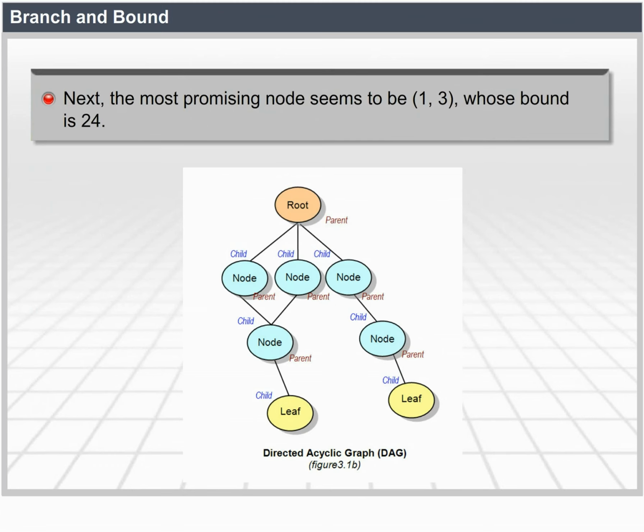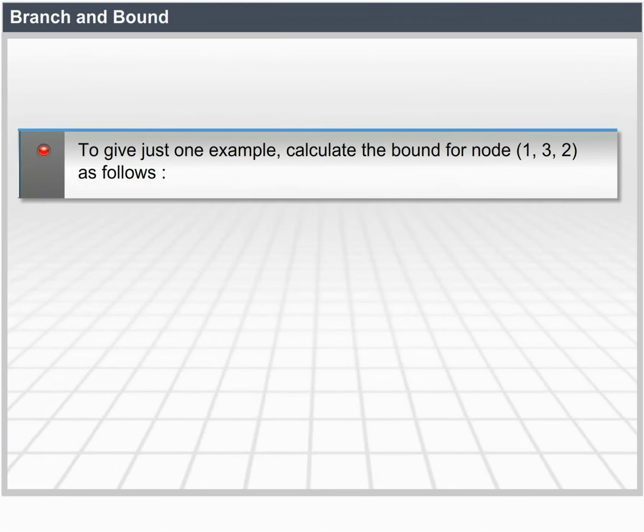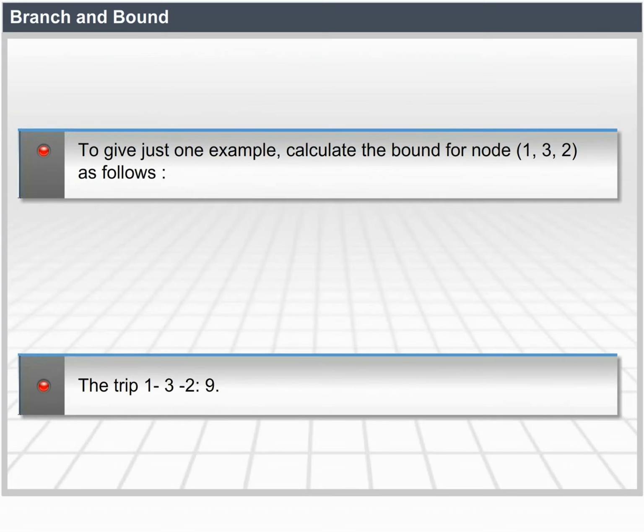Next, the most promising node seems to be 1,3, whose bound is 24. The 3 children 1,3,2; 1,3,4 and 1,3,5 of this node are therefore generated. To give just one example, we calculate the bound for node 1,3,2 as follows. The trip 1 to 3, 3 to 2 is 9.